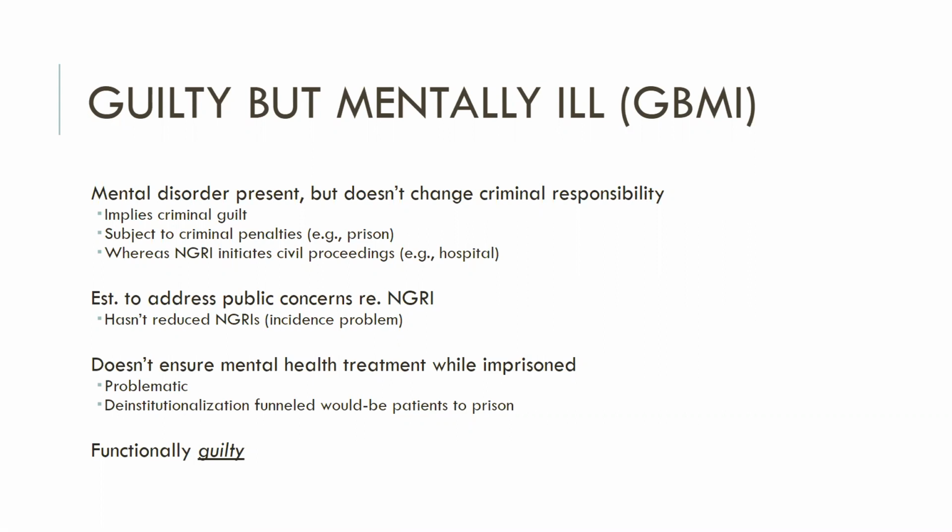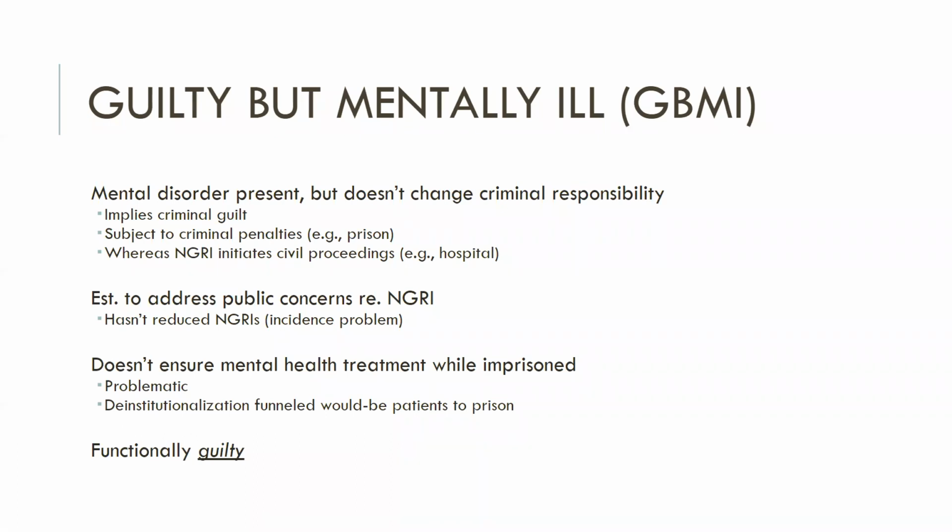As I mentioned, they're going to be shifted to a civil proceeding, which would result in a hospital stay instead. One of the reasons that GBMI was established was to address public concerns relating to the not guilty by reason of insanity plea.